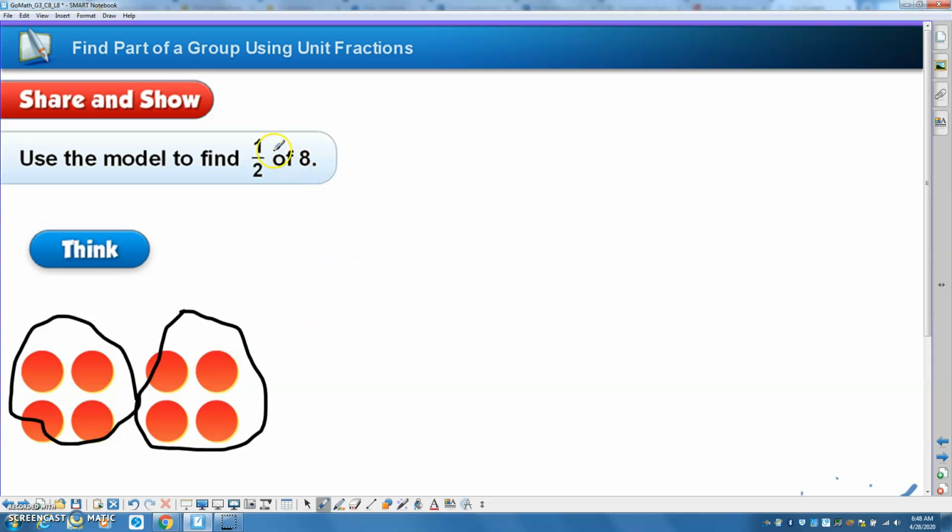So to find out 1/2, we're only going to use one group. So if I look at one group, there's 1, 2, 3, 4 counters.